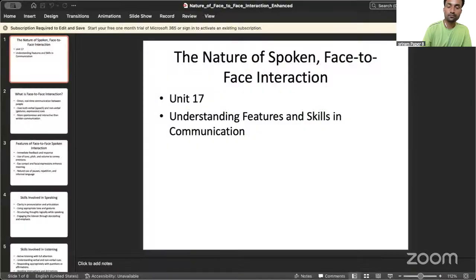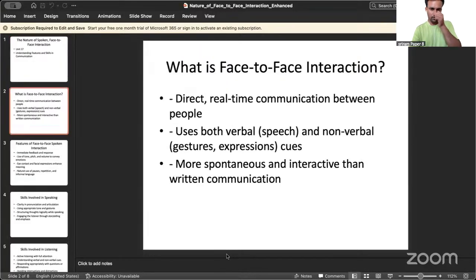Understanding features and skills in communication, that is unit 17. What is face-to-face interaction? Direct or real-time communication between people. Uses both verbal and non-verbal communication. More spontaneous and interactive than written.